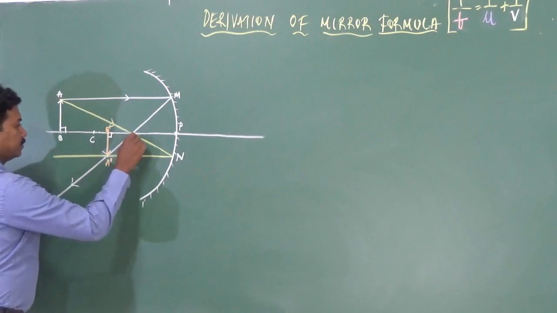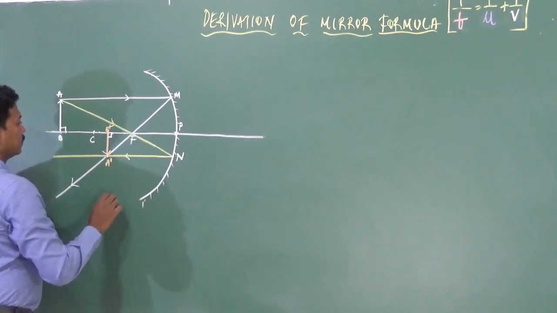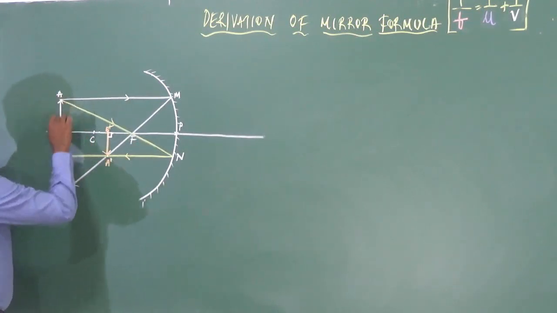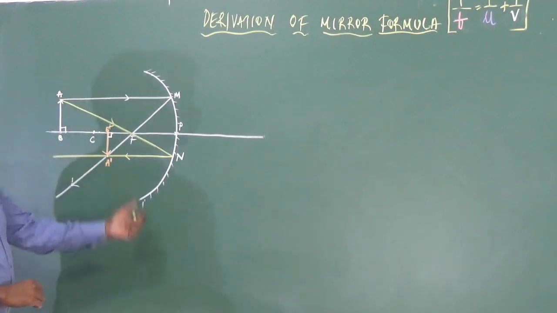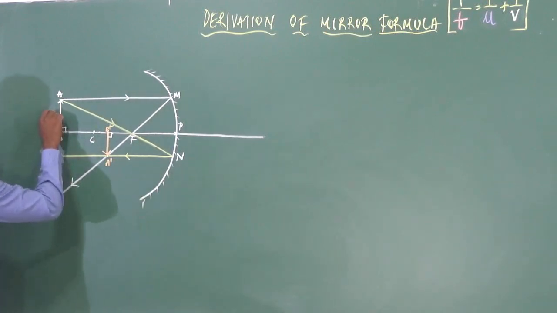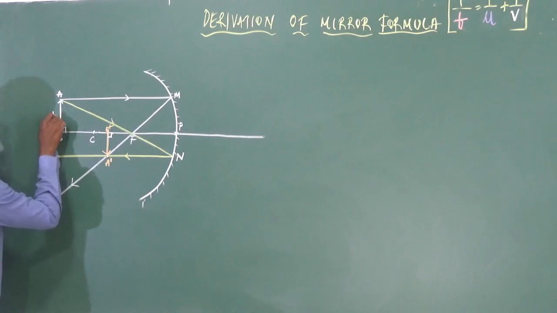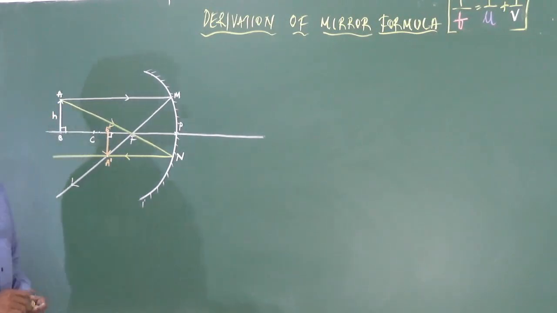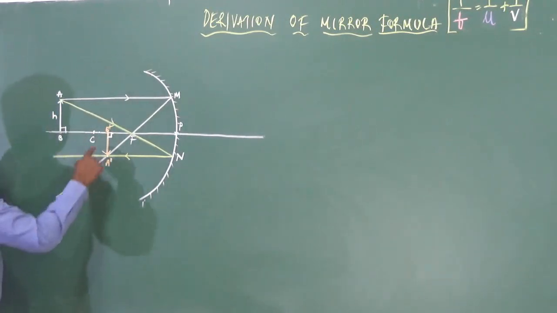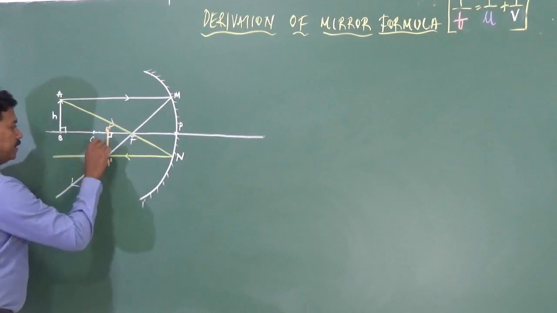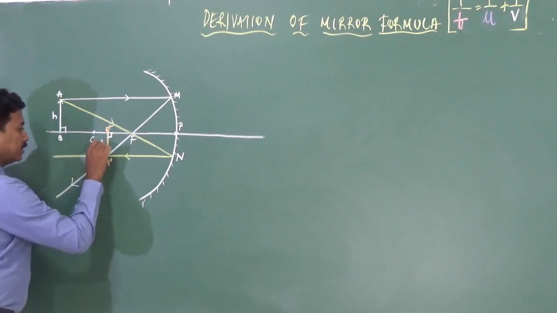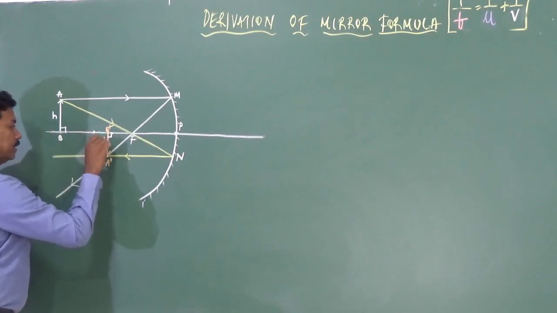So this is the principal focus, right? Now let us call the height of the object, as we have discussed in the previous session, h, small letter h. Let the height or size of the image be h dash. Let us represent this by h dash.